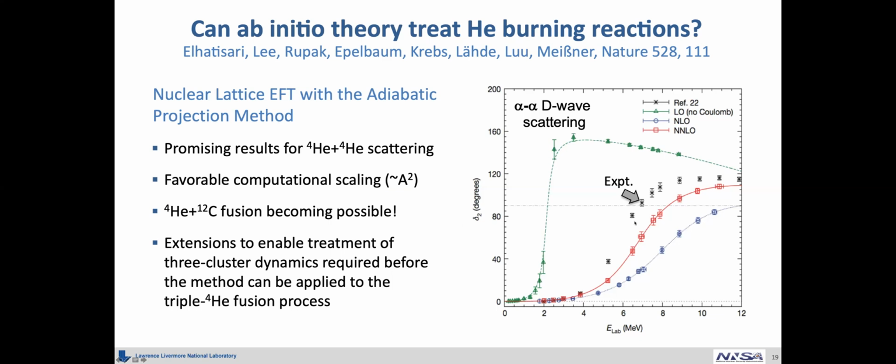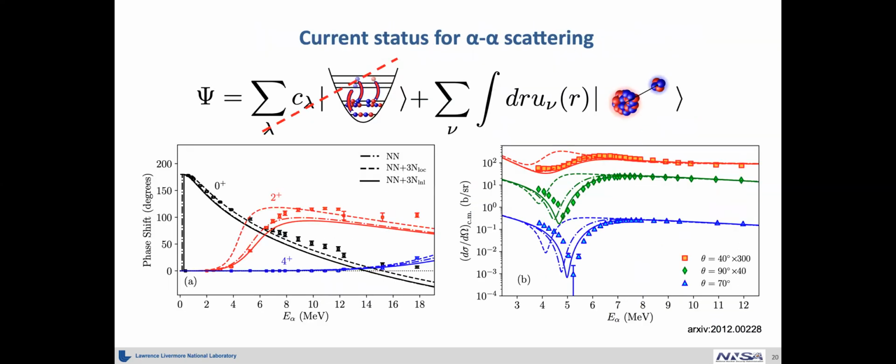So this is at least one path forward to actually computing the reactions in the helium burning chain. And also alpha-alpha scattering is sort of the go-to problem if you want to do alpha-induced reactions. It's the easiest reaction you can do. So where are we now on that?